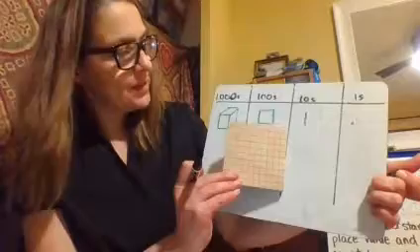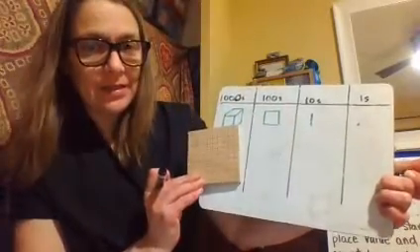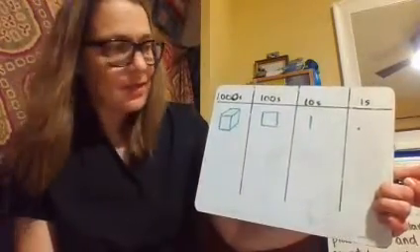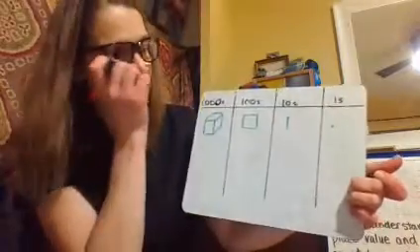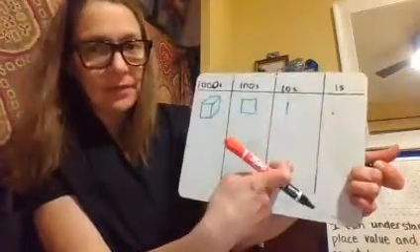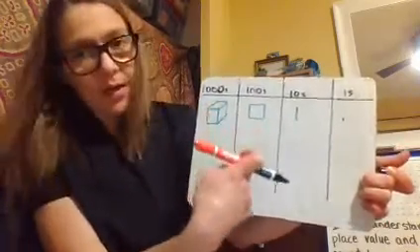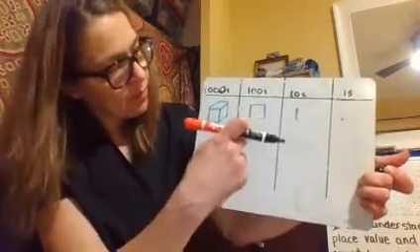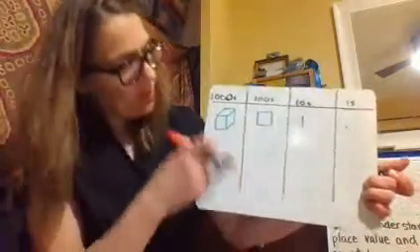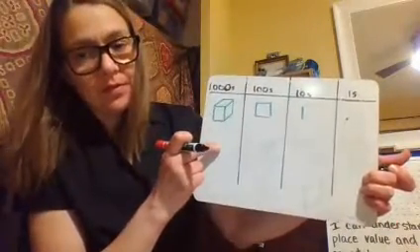So 10 of these equals 1 of these. Okay, so remember 10 ones equals 1 ten. 10 tens equals 100, and 10 hundreds equals 1,000.